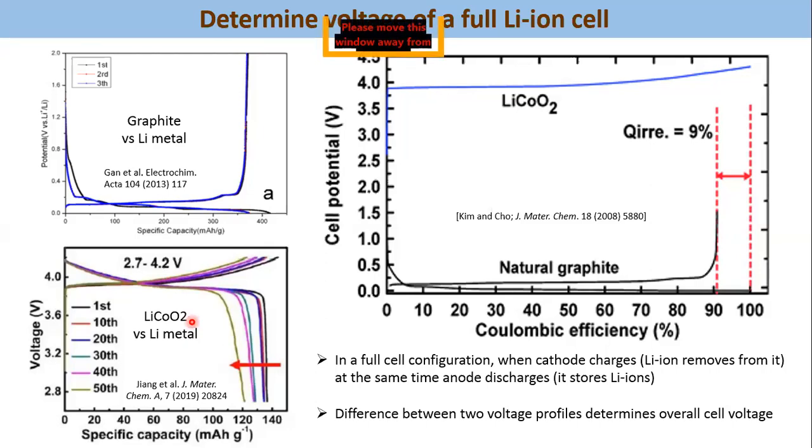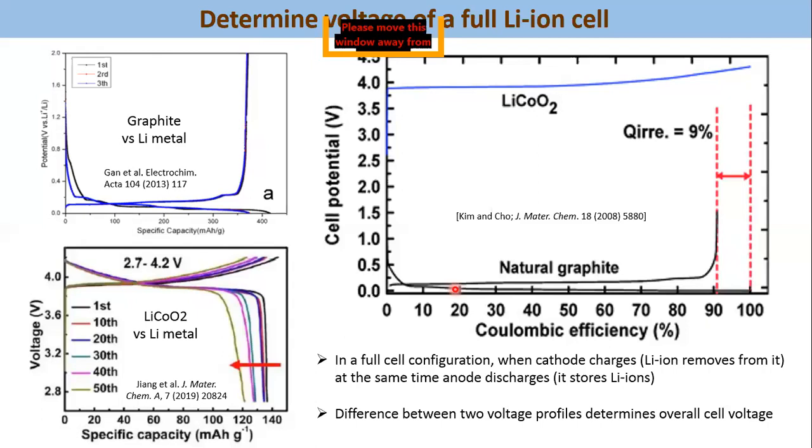When you remove lithium metal and combine graphite and lithium cobalt oxide together, separated by a separator, what you will see during charging is that the reactions at anode and cathode happen together. If your anode is getting oxidized, at the same moment your cathode will be reduced. You can see that when lithium gets removed from lithium cobalt oxide, at the same moment lithium will start to store in graphite.